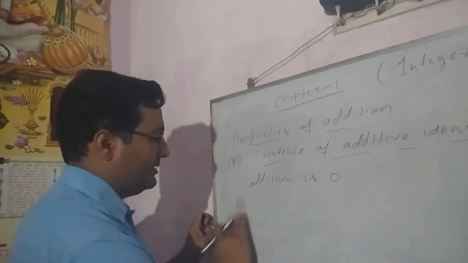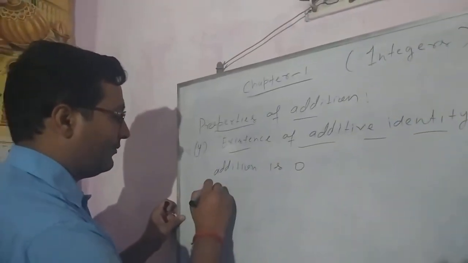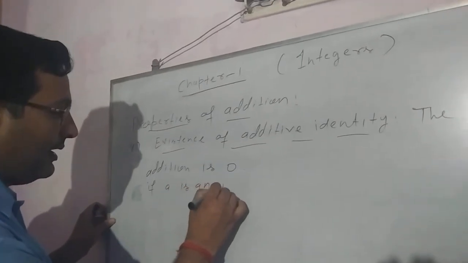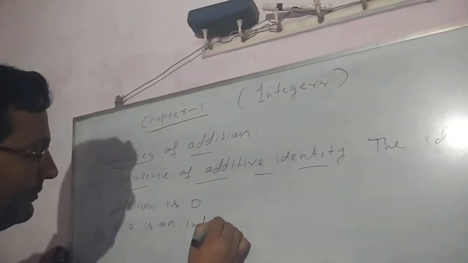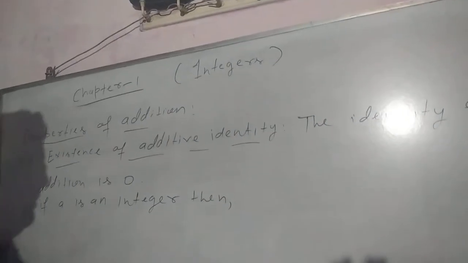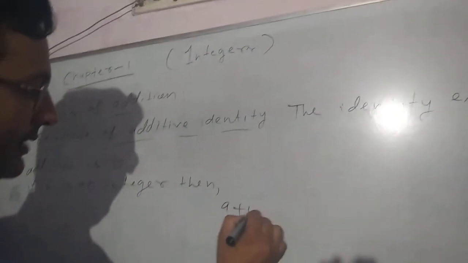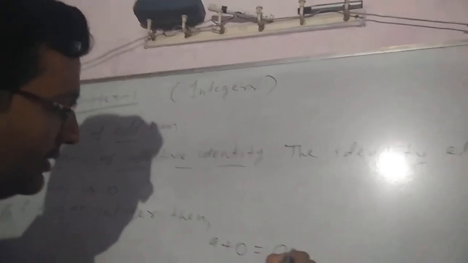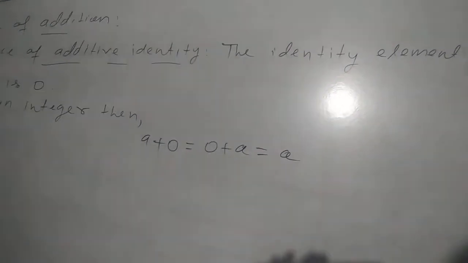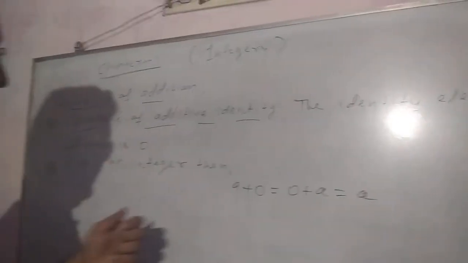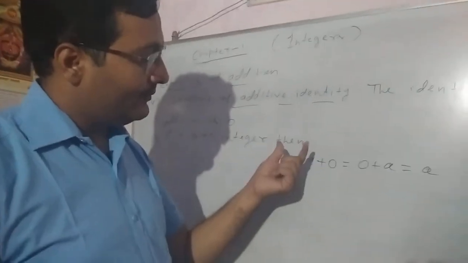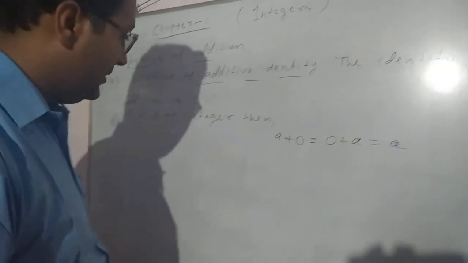So if A is an integer, then A plus 0 is equal to 0 plus A, which is always A. That means when we add 0 to any number, that number remains constant, or remains unchanged.